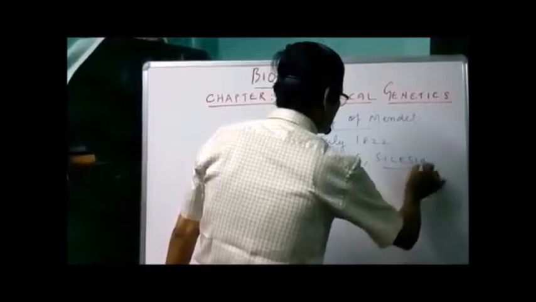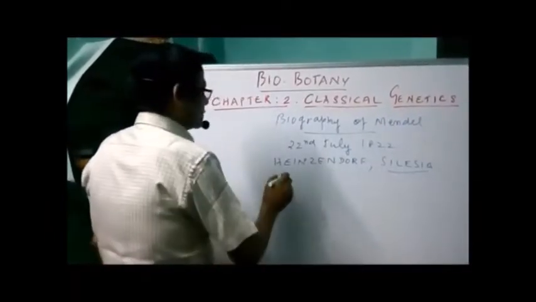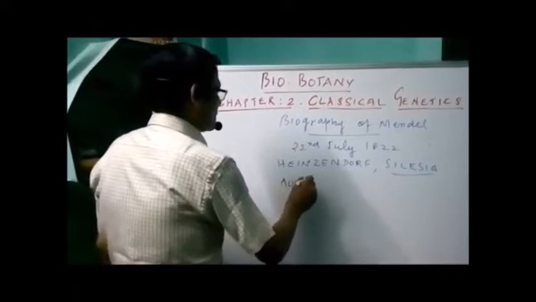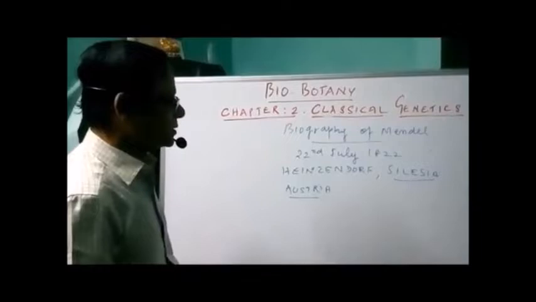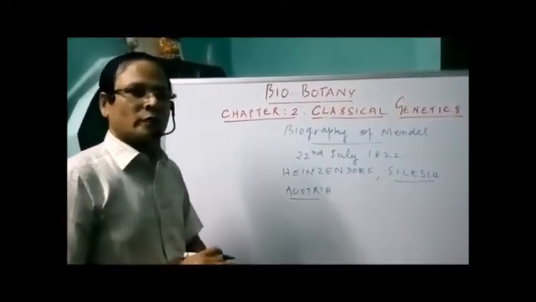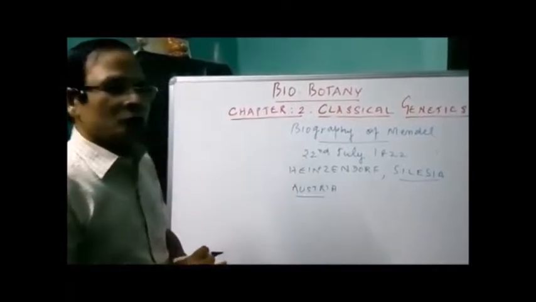This Silesia is nothing but the present Czechoslovakia in Austria. So Zendorf is a village in Silesia, that is Czechoslovakia, in the country Austria. He was an Austrian monk.